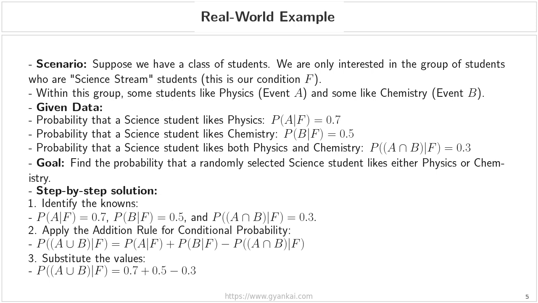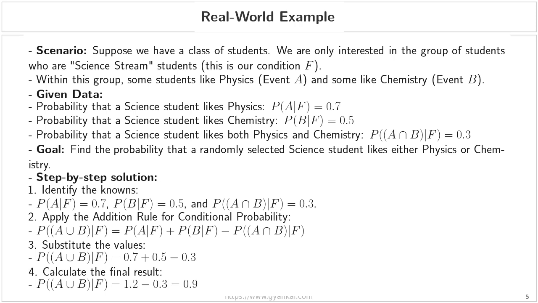This gives us 0.7 plus 0.5 minus 0.3. Step 4, finally, we perform the arithmetic. 0.7 plus 0.5 gives us 1.2, and when we subtract 0.3, we arrive at our final result of 0.9.